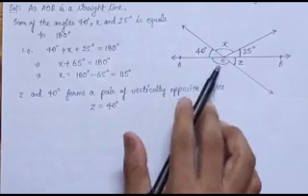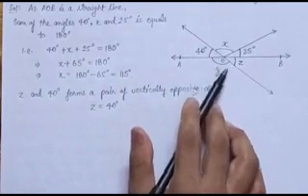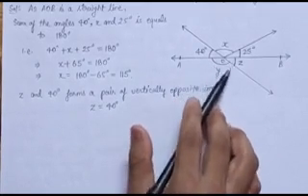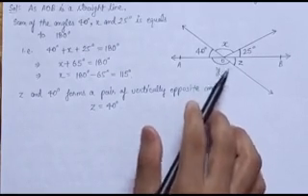Again, you can see that AOB is a straight line and y and z are the angles made on this straight line AOB. Hence, the sum of y and z is equal to 180 degrees.